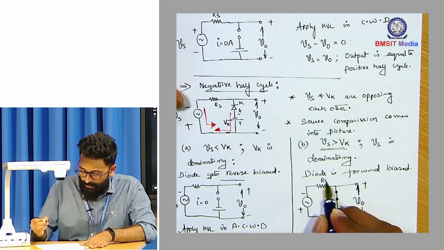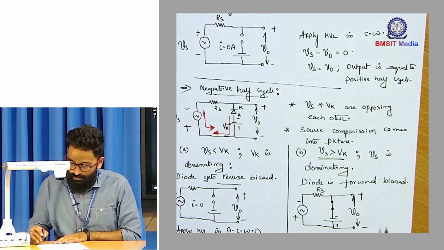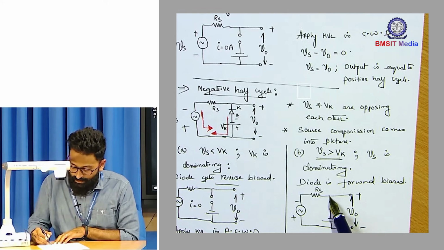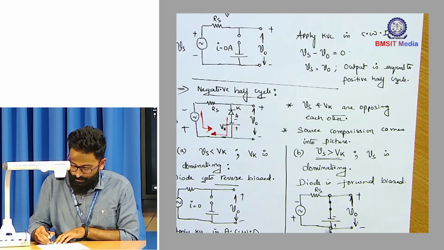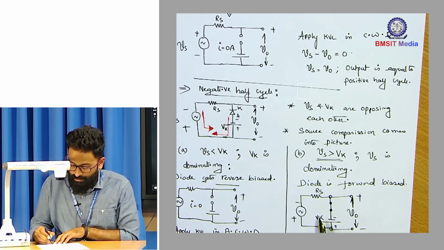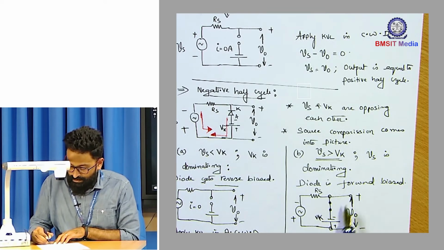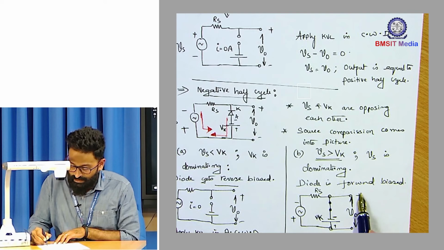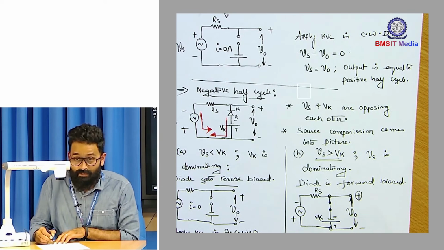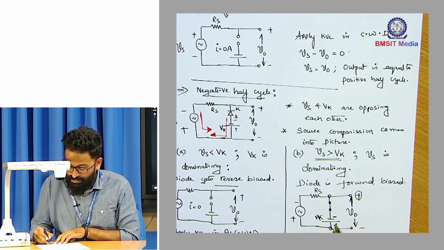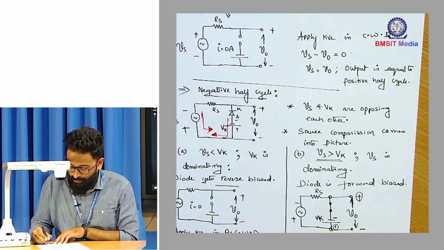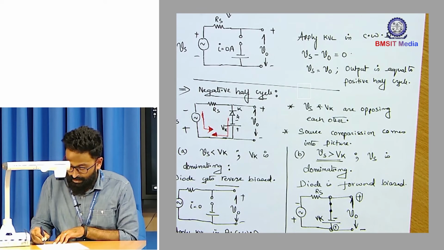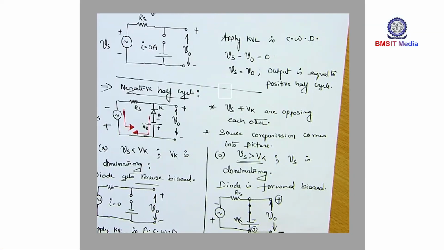So what do we see? Output is getting measured across Vk. You can clearly observe that the negative terminal of Vk is connected to plus V naught, and the positive terminal of Vk is connected to minus V naught, and therefore output V naught is minus Vk because the polarities are different.